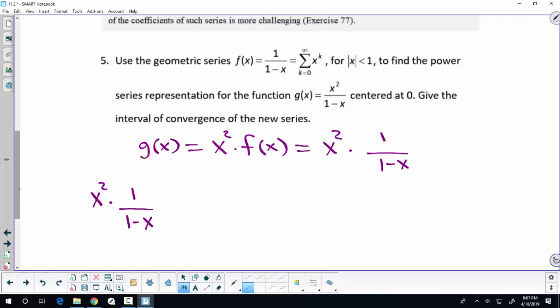We know what the series representation for 1 over 1 minus x is. So then we need to multiply it. It's just equivalent to multiplying all terms by x squared.